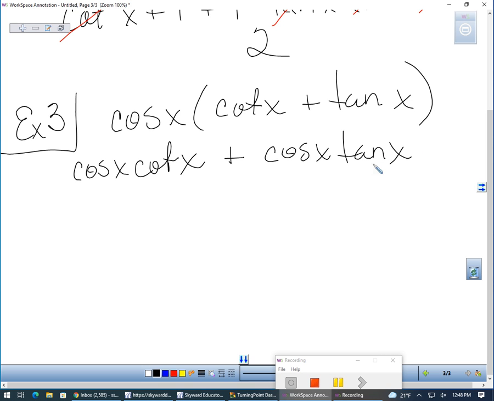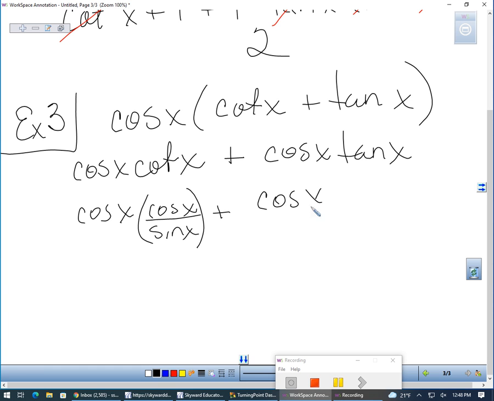All right? Now, if we can't use any of our Pythagorean identities, we go to switching everything to sine and cosine, right? So we have cosine, that stays. Cotangent is cosine over sine, exactly. Plus, here we have cosine times sine over cosine.